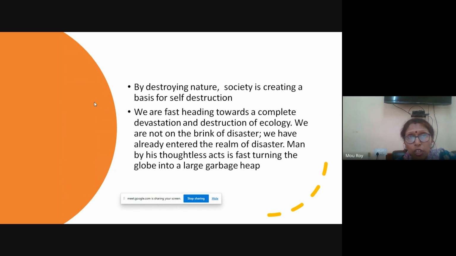Then comes environmental education and awareness. In schools and colleges, you'll find a subject called environmental science, where you are taught about the environment, because it is a first and foremost duty to protect the environment. This environmental education is very important at the primary level, the secondary level, and even at the college level, because it gives you awareness.